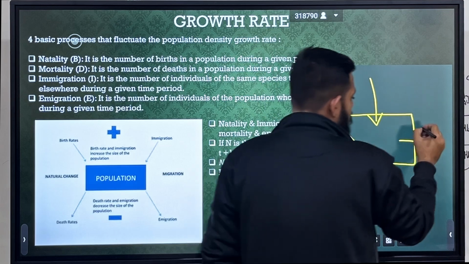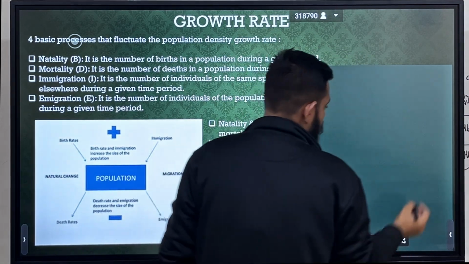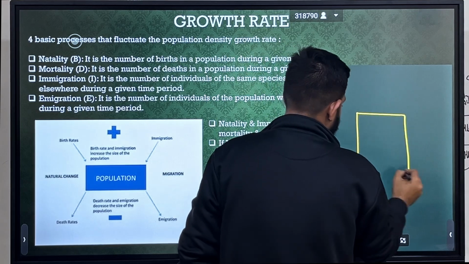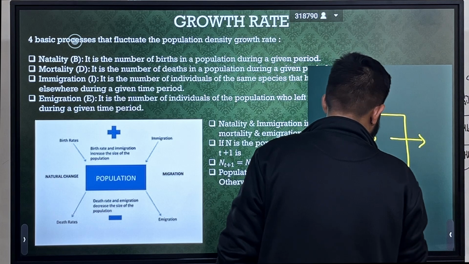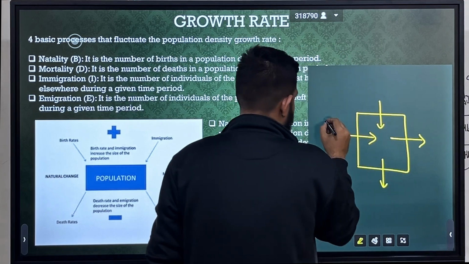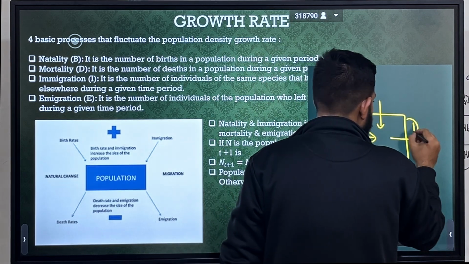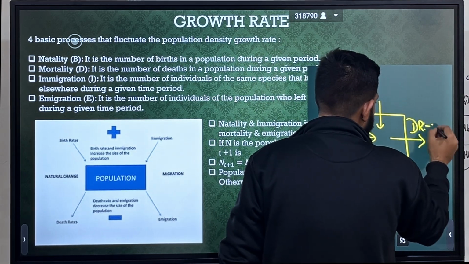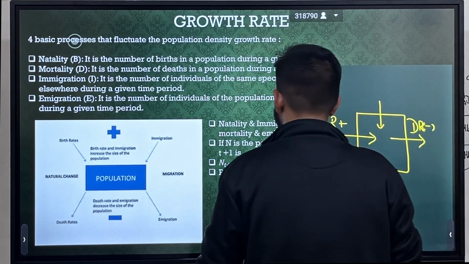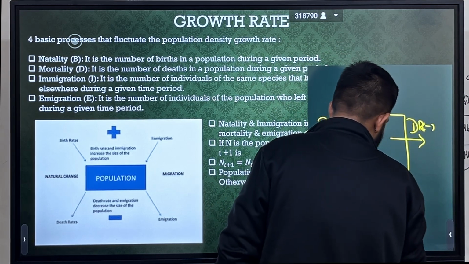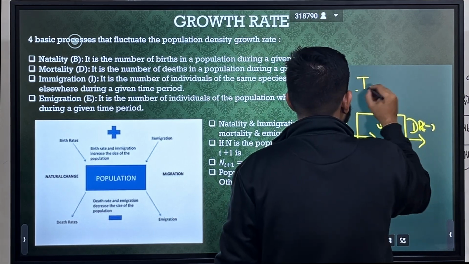Then I am talking about birth rate, death rate, and we have immigration.